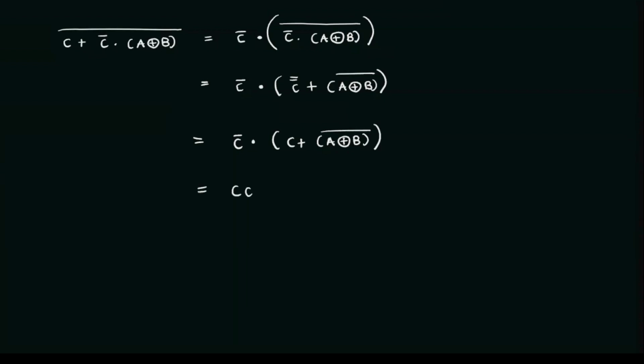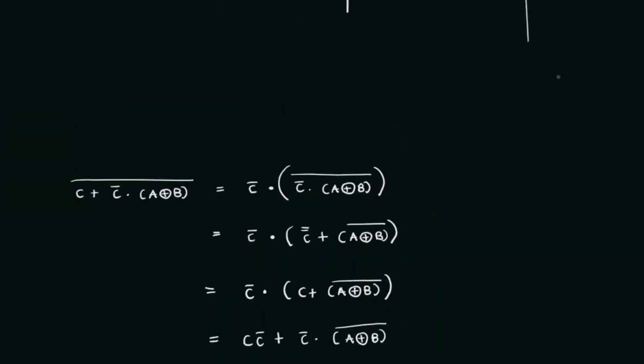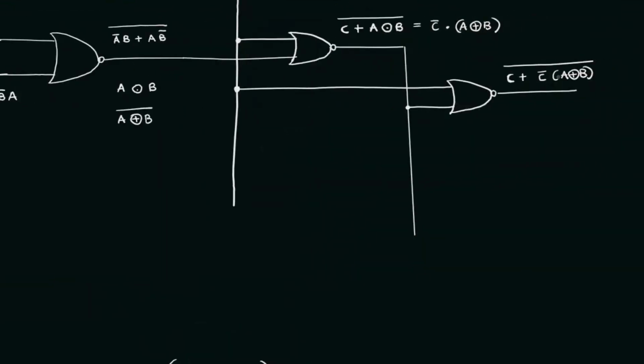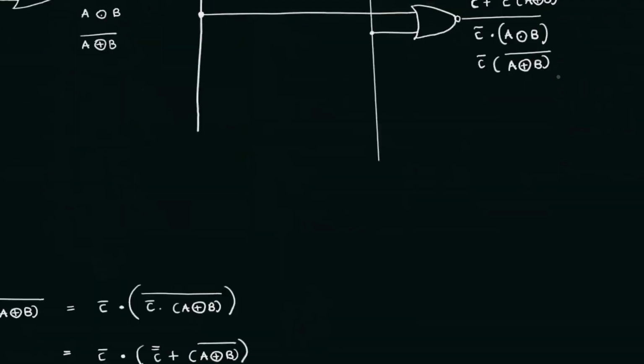Now if I expand this, I'll get C bar plus C bar into (A XOR B) whole thing bar, or I can say it's XNOR, and the C bar terms will cancel each other out, so I'll get C bar into (A XOR B) whole thing bar, or I can say A XNOR B. So I will write that down here just to be safe: C bar into A XNOR B, or C bar into (A XOR B) whole thing bar. It doesn't matter, both are the same.